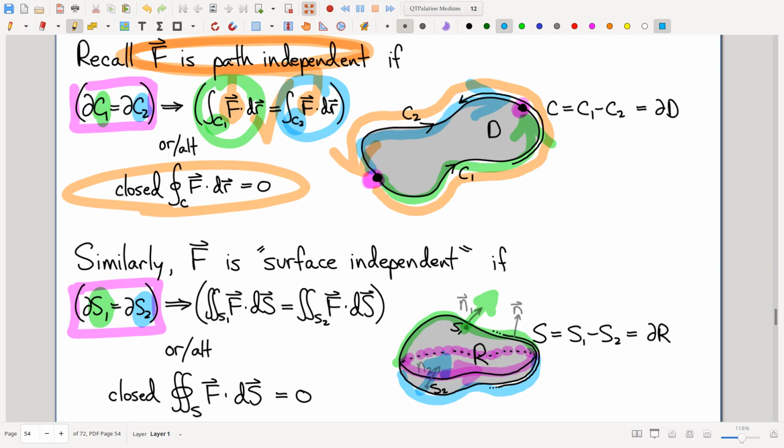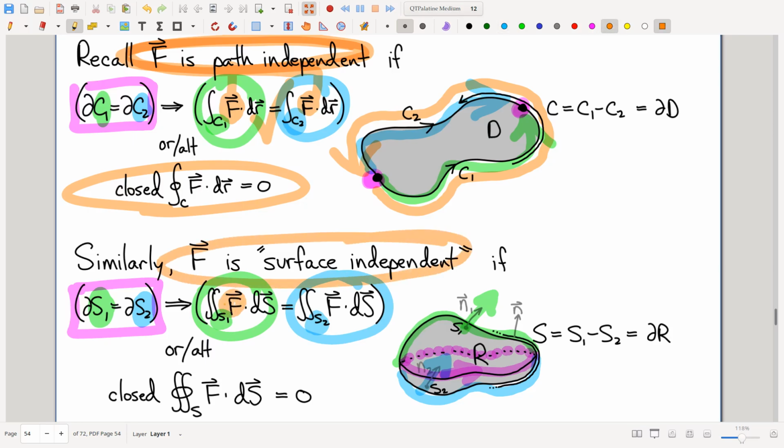Okay, so these two surfaces, there are special vector fields that amazingly make the green flux and the blue flux always the same. We call these the special vector fields that make the green flux always equal to the blue flux.